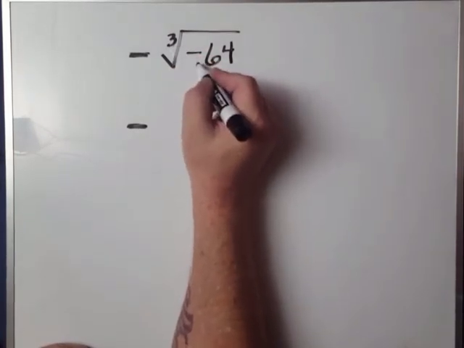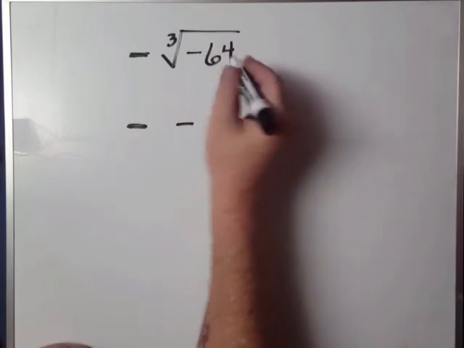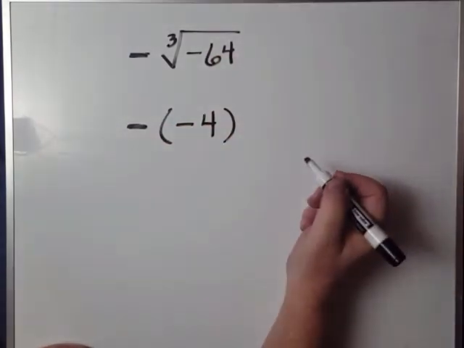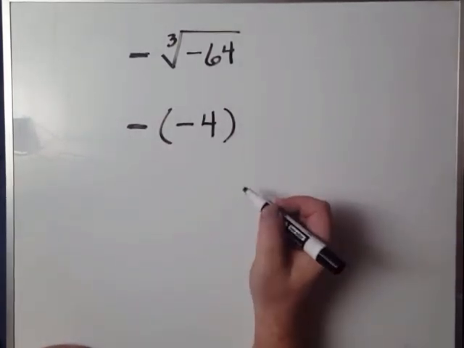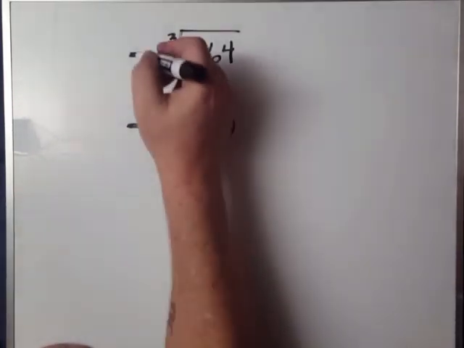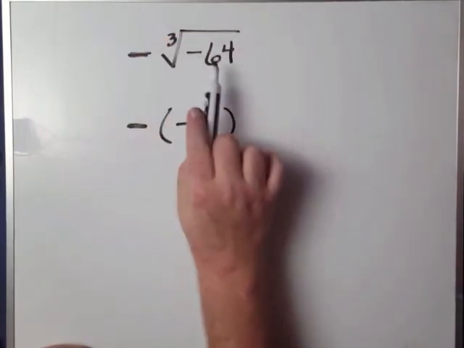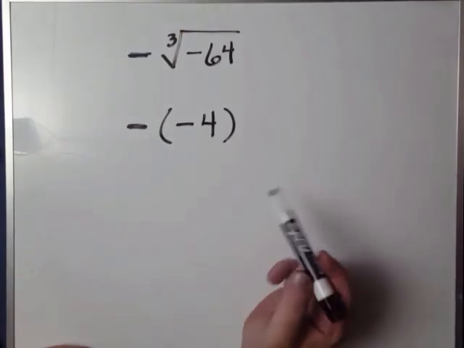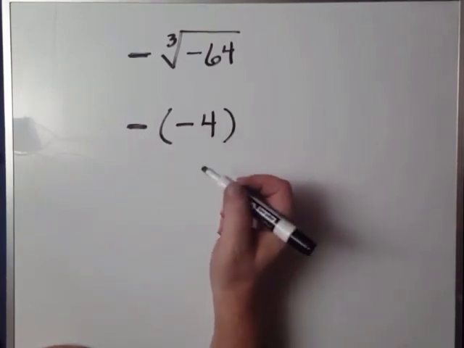Well, the cube root of a negative is negative. And the cube root of 64 is 4. Note the parentheses. They keep those two negatives from bumping into each other. In other words, I want the opposite of this cube root, so I want the opposite of this result. So I put that result in parentheses. Now I just have my double negative rule.